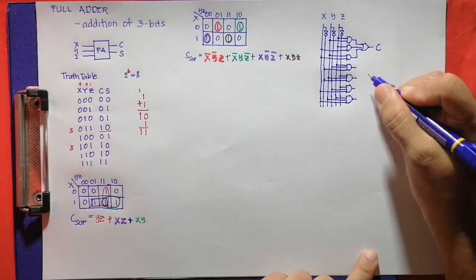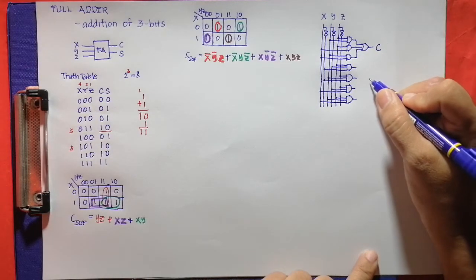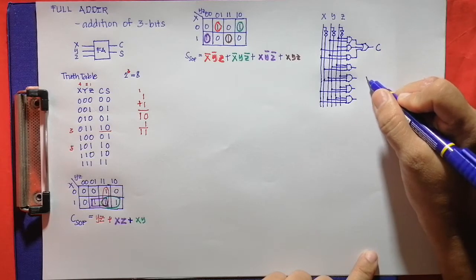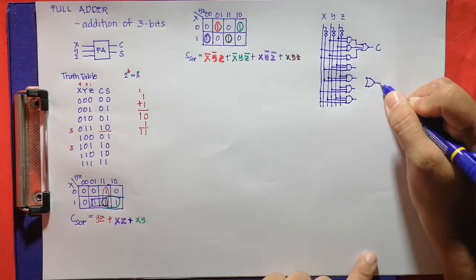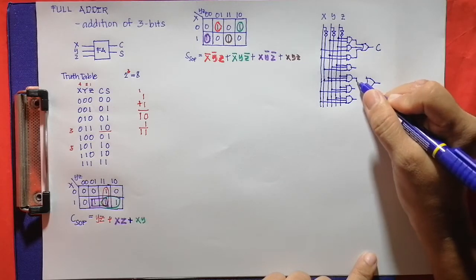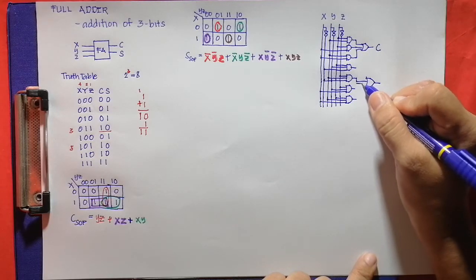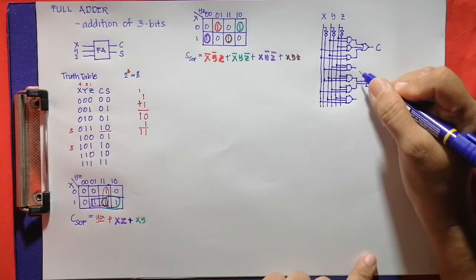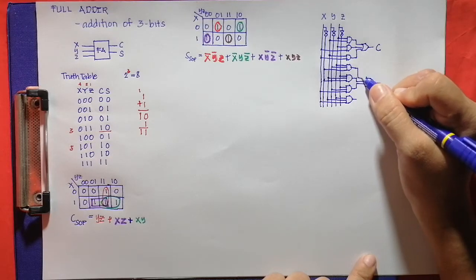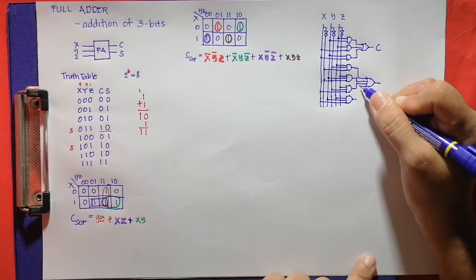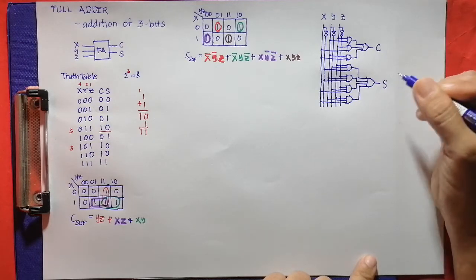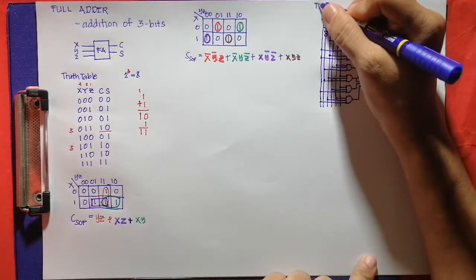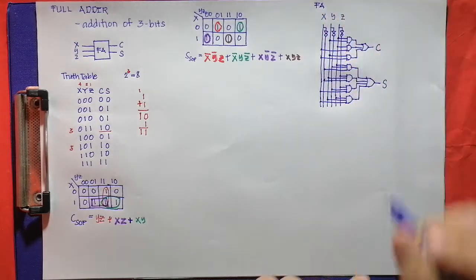So we have one OR gate. So we'll just connect those. Okay. So this is now your S. So this is your full adder.